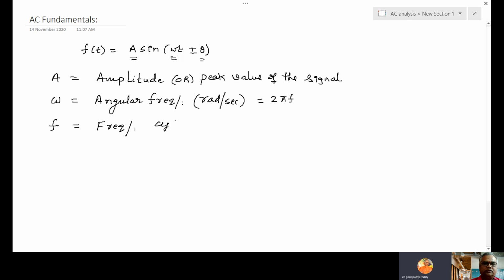Units are cycles per second or hertz. And this is also equal to 1 by T, and this T is the time period.